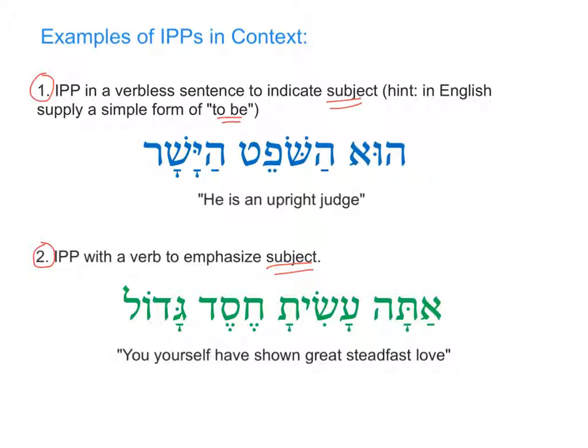So that's to make sense on our end. It's not a problem with Hebrew, it's a problem with English. So when we come across one of these sentences, like this first one, we know at least a little bit about verbs, and if we walked through the sentence, we would see very quickly there's no verb. Let's look at it and we'll see how the IPP helps us sort this out. So the Hebrew, hu, there's our pronoun, our 3MS pronoun.